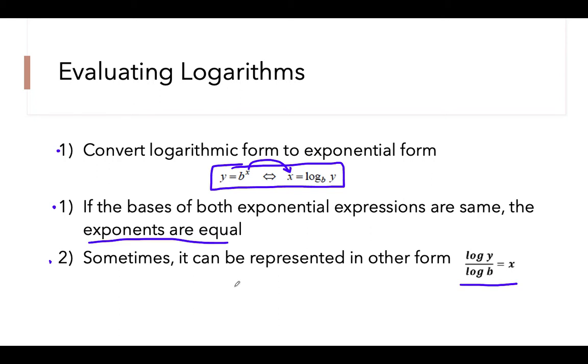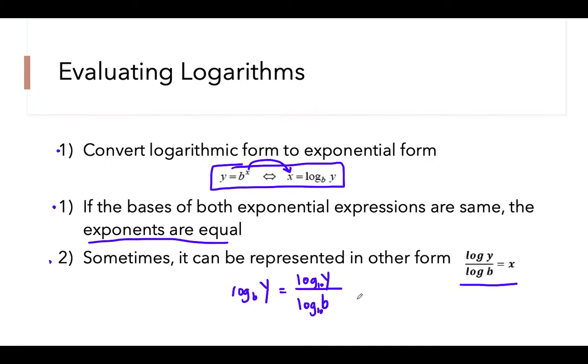So for example, we have log base b of y. The base becomes the denominator and the logarithm of the number becomes the numerator. So it looks like log y over log b, the big number goes at the top, the numerator. The base no longer becomes the base of the log. The base is now 10 and 10.